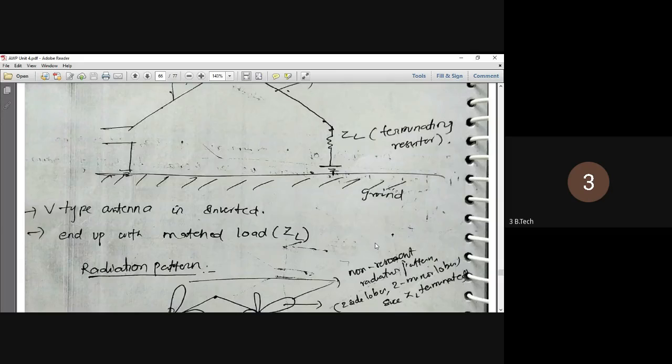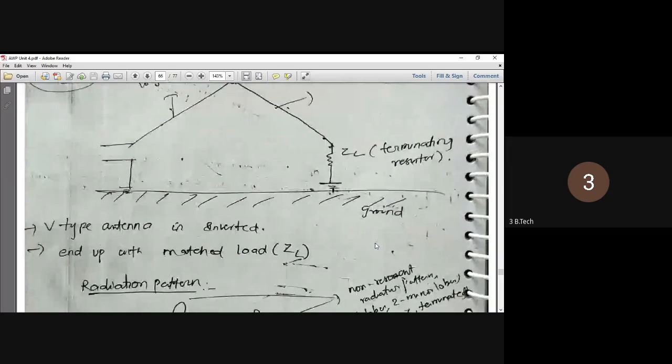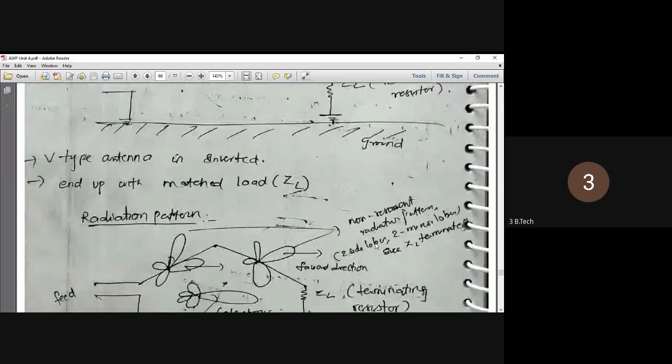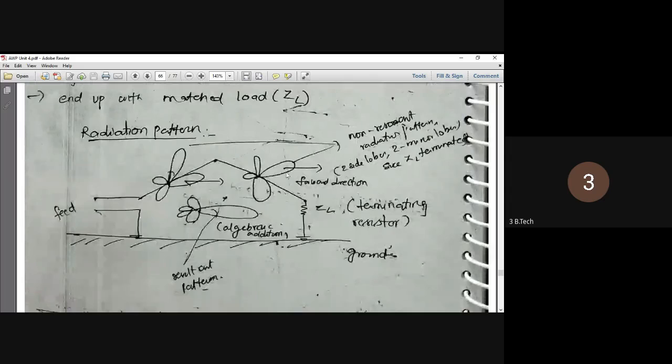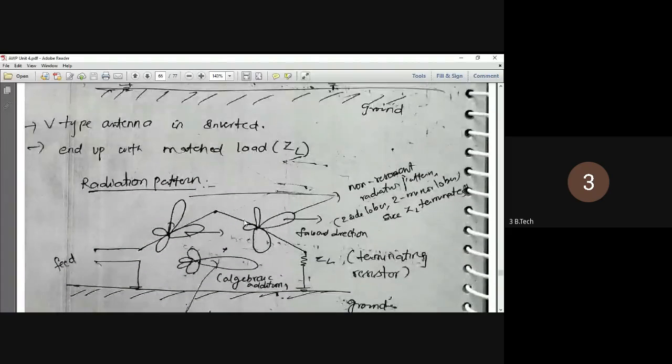So this is an example of the non-resonant category, the inverted V antenna. Obviously everyone knows, in one longer antenna a unidirectional radiation pattern is achieved, and in the other longer antenna also a unidirectional radiation pattern is achieved. But the algebraic sum of the lobes in the forward direction will add, resulting in a unidirectional radiation pattern once again in an inverted V antenna.